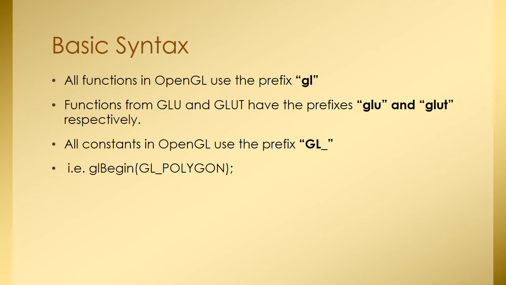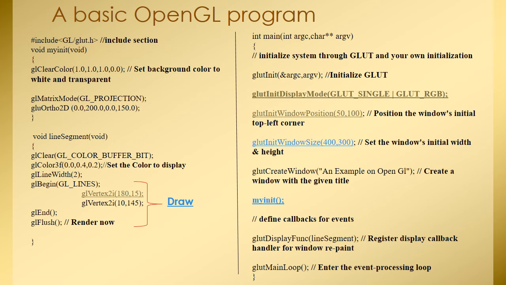So this is an example given: glBegin, GL_POLYGON. So this is how it will be specified. Then once the primitives are specified, you will have to give glEnd and glFlush. Only once you write the glFlush, it will get rendered.